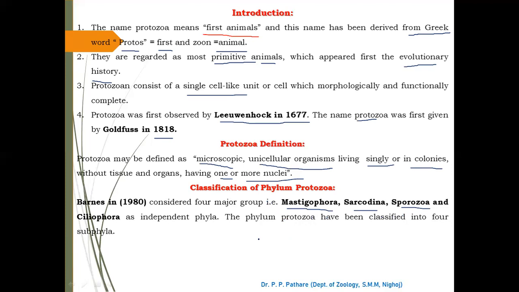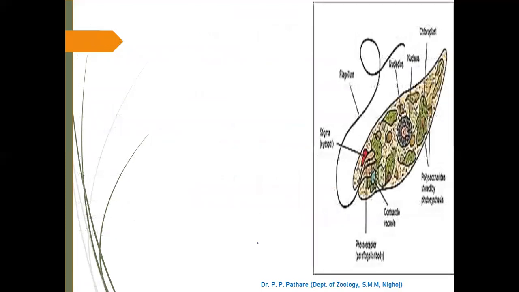The phylum Protozoa have been classified into four different subphylum. So today we will discuss this classification. This is very important to study the phylum Protozoa as per their group and as per their phylum. So let us start to study the classification of phylum Protozoa.